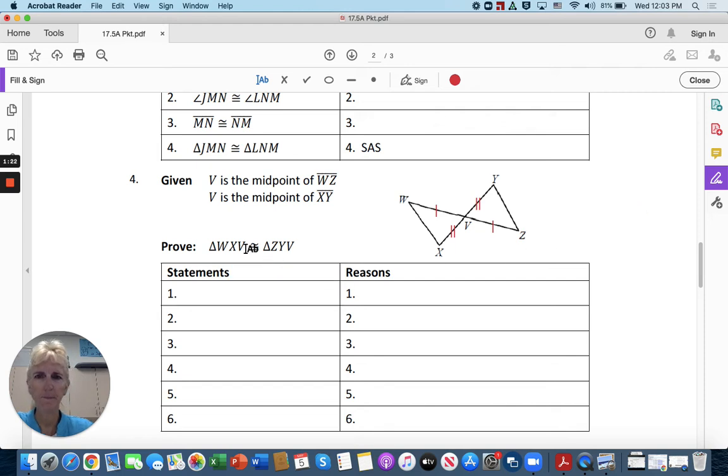Okay, we need to prove now that this triangle is congruent to this triangle.